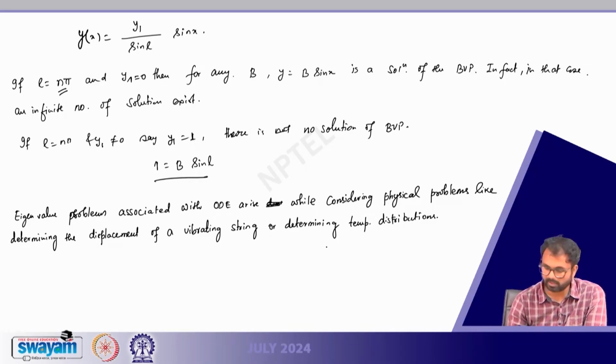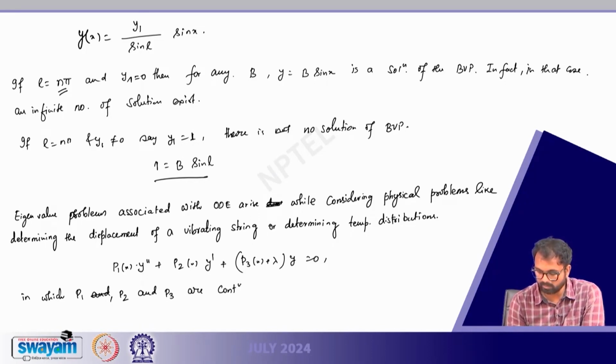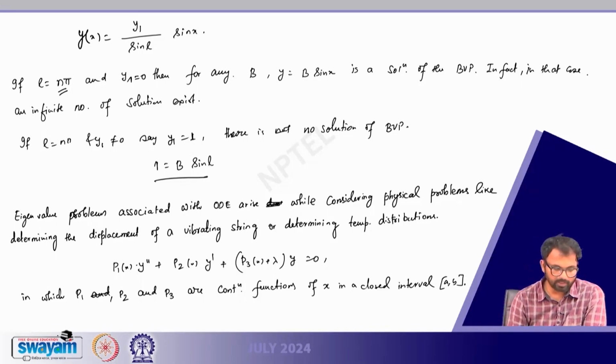So the typical equation that often occurs in this problem is P1(x) y double dash(x) plus P2(x) y dash(x) plus P3(x) plus lambda into y is equal to 0, in which P1, P2 and P3 are continuous functions of x in a closed interval [a, b], right, with P1(x) not equal to 0, obviously, otherwise it will become an ODE of order 1.